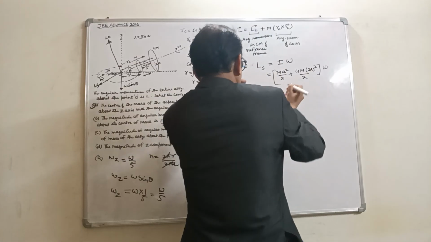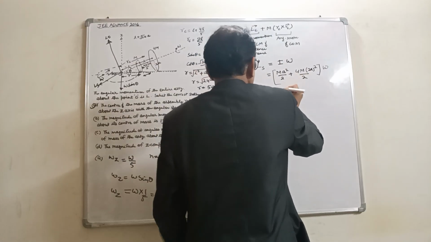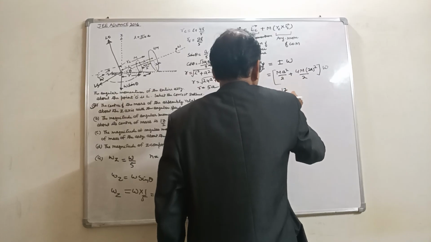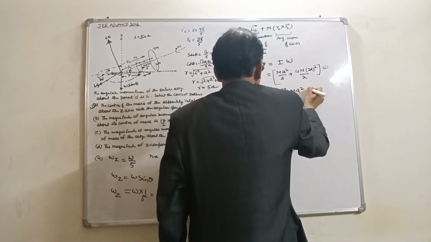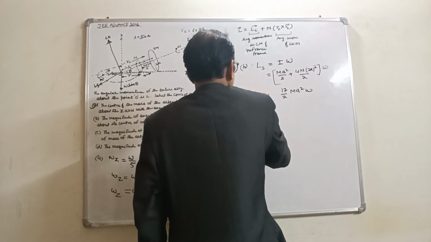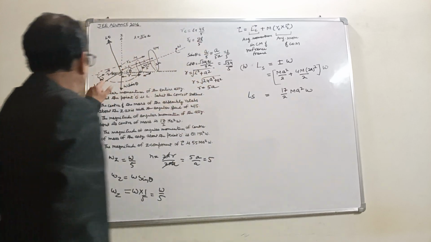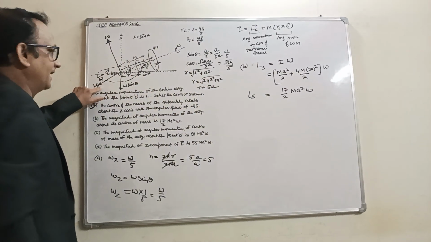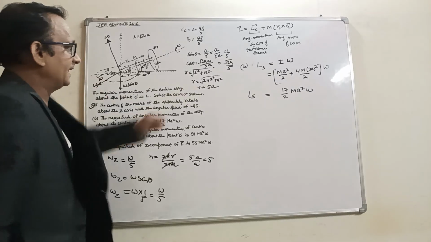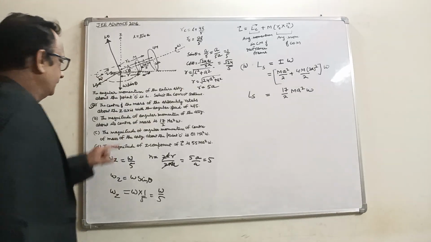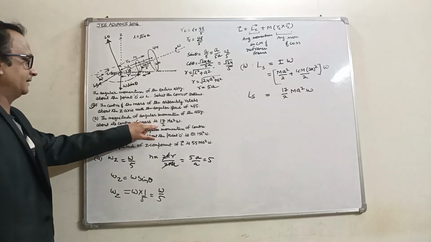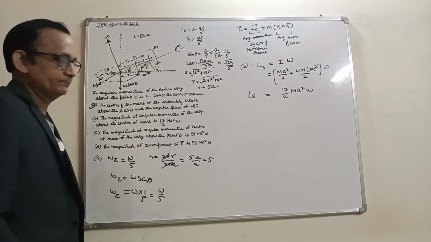So this becomes 17 by 2 ma square into omega. This is the spin angular momentum, given here as 17 by 2 ma square into omega.